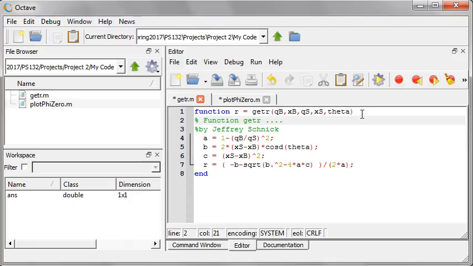where along the line extending from the position of the smaller charge, which is x sub s comma 0, to an empty point in space in a direction that makes an angle of theta with the positive x direction, with positive theta being counterclockwise from the plus x direction, you have to find out where the value of the electric potential is 0.